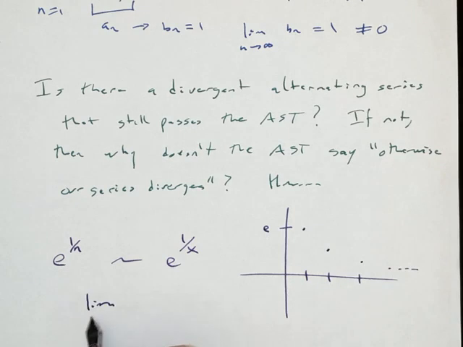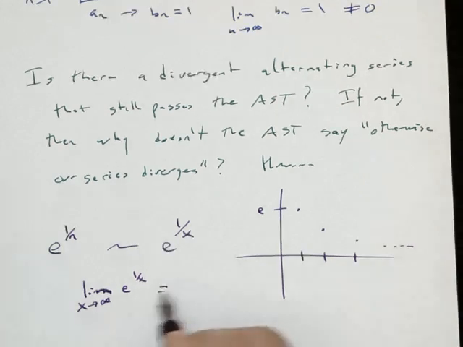What's the limit as x goes to infinity of e to the 1 over x? One over x goes to 0, and then e to the 0 is 1.